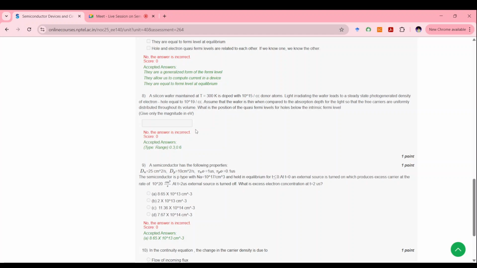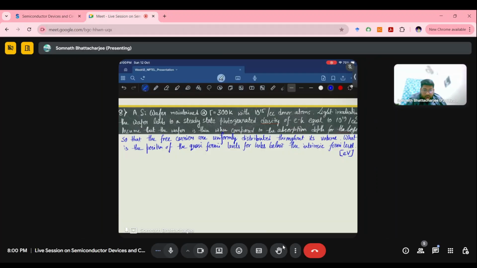What is the position of the quasi Fermi level for holes below the intrinsic Fermi level? So we need to find the distance between them, and we need to find it out in eV as well. So try to do this. Take 5 minutes and try to solve this as well.